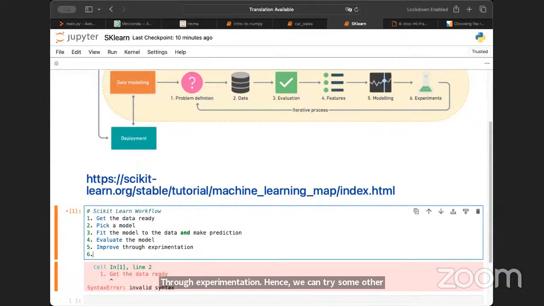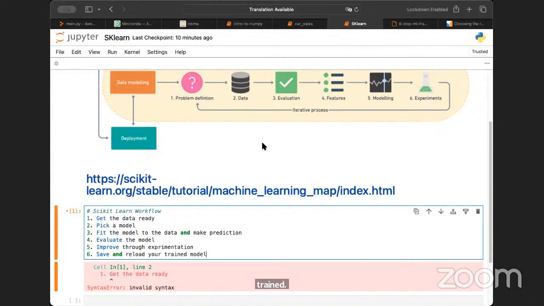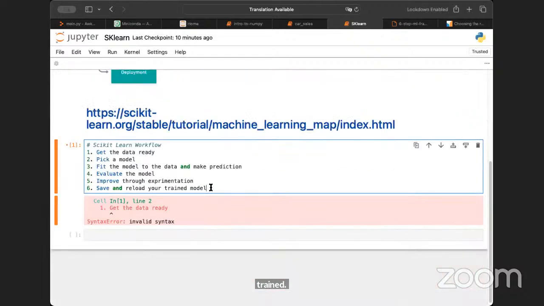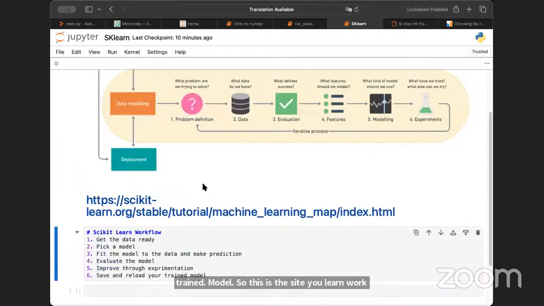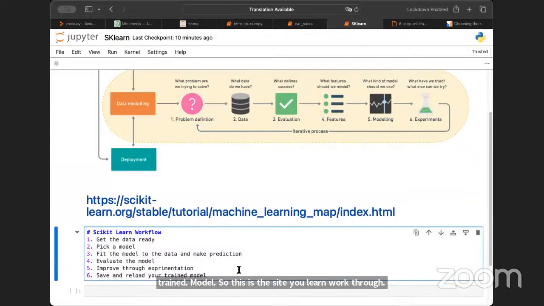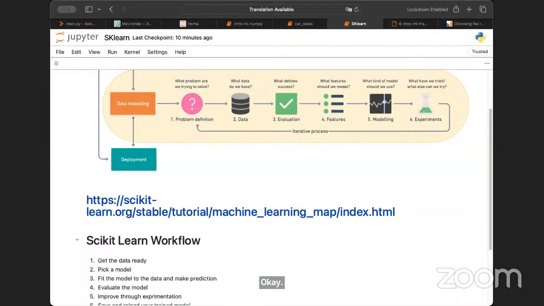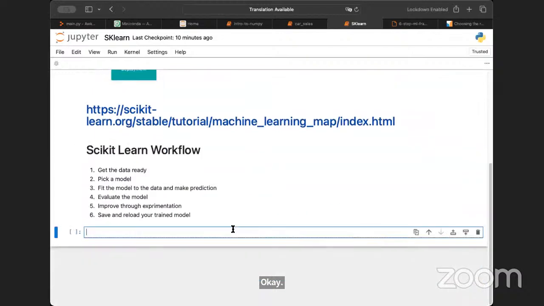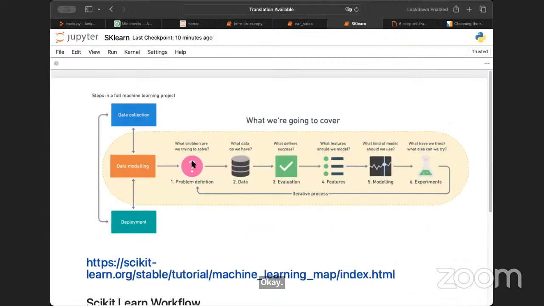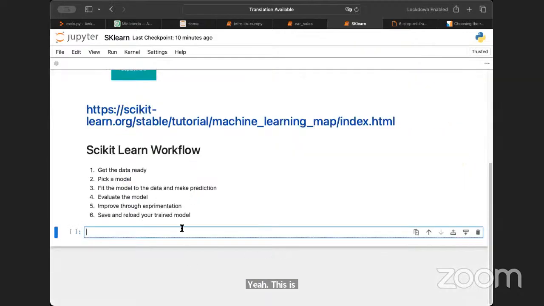Finally, if something works, then save and reload your trained model. So this is the scikit-learn workflow.